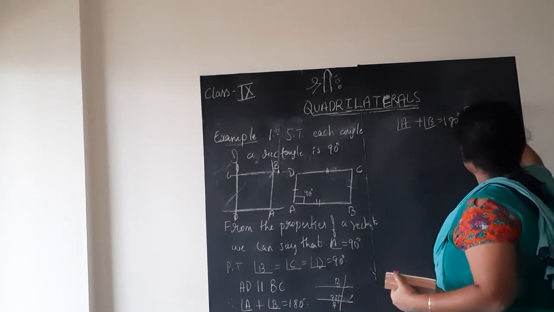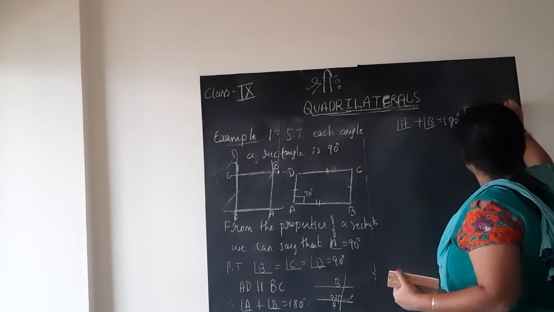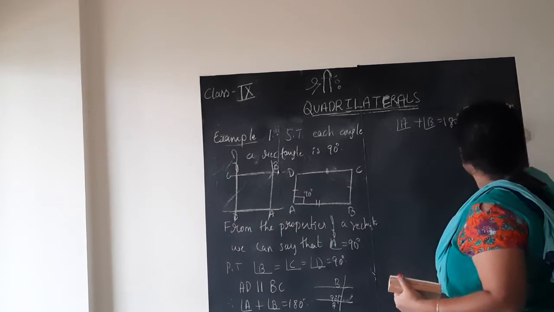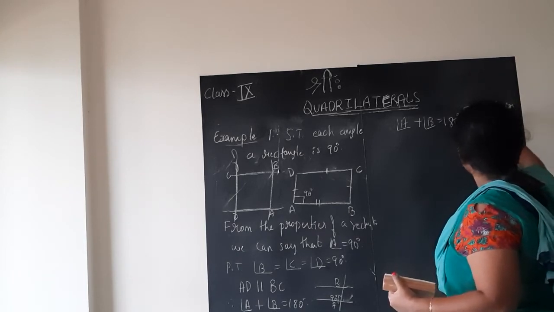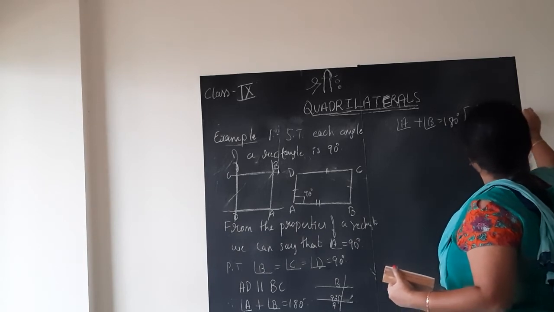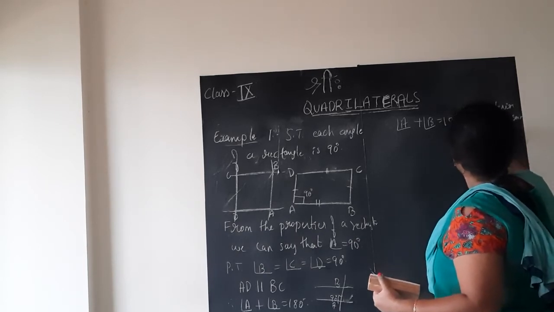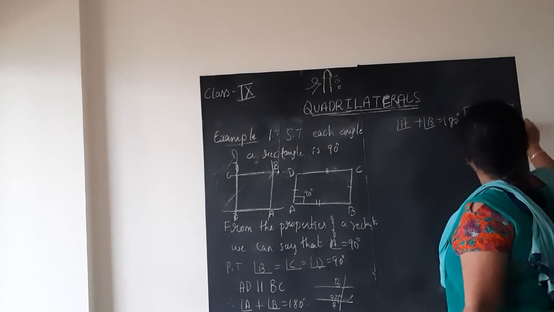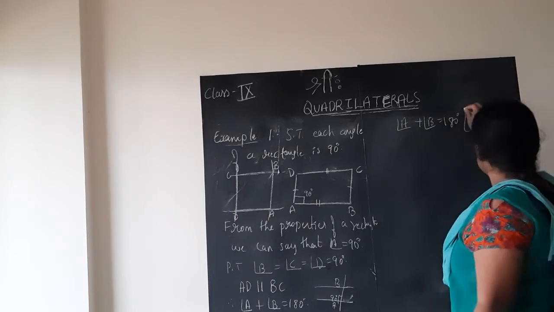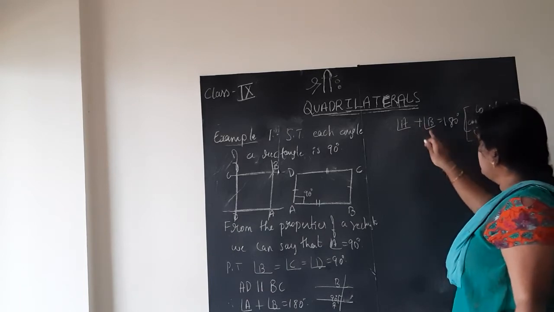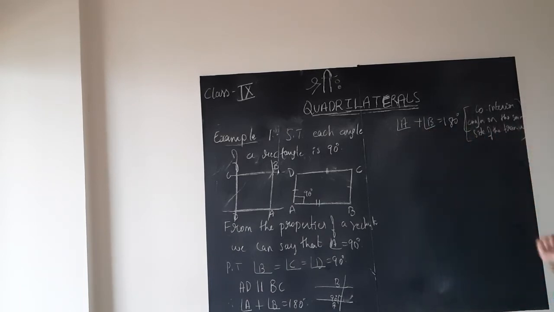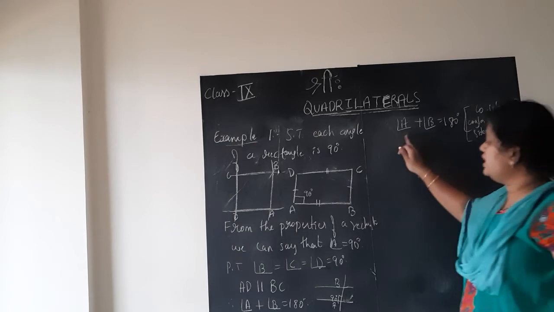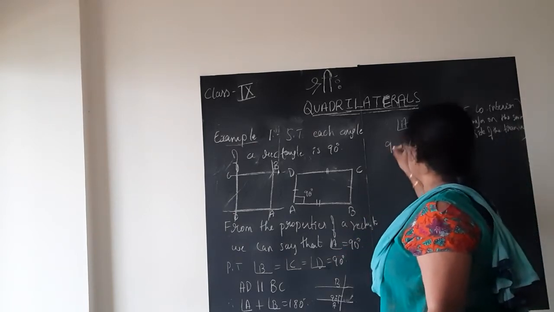How? Because they are the co-interior angles on the same side of the transversal. So, angle A plus angle B is 180 degrees. I know what angle A is. How much, children? It is 90 degrees.